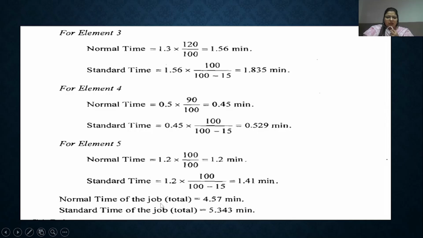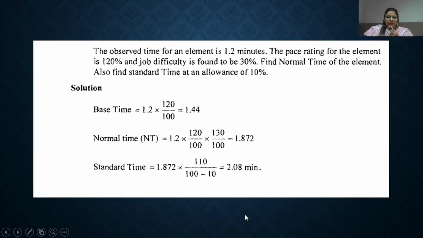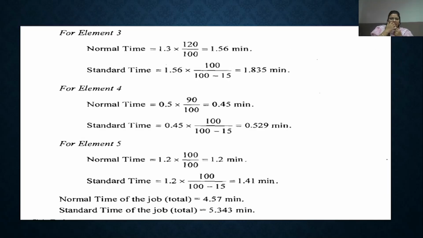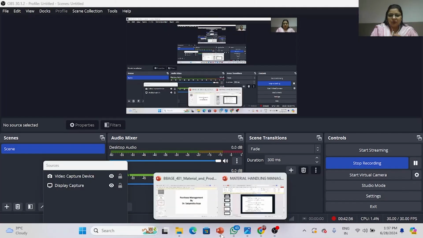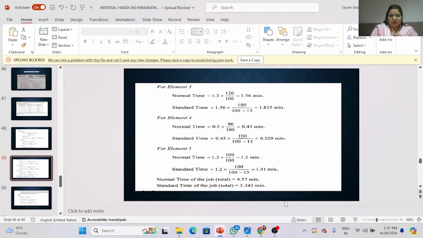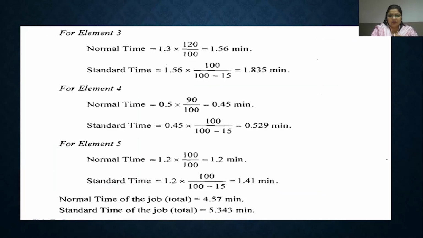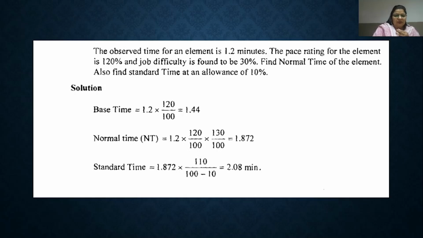Overall, if we add the normal times of the job, it is 4.57, and the total standard time for the job is 5.347. We can easily calculate the normal time and standard time taken by the person through the formulas. This is another question.